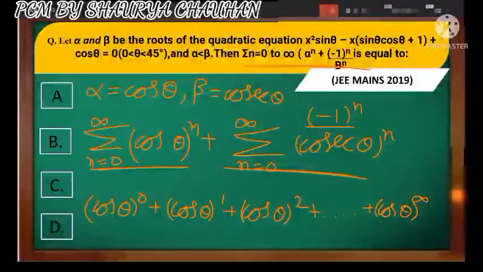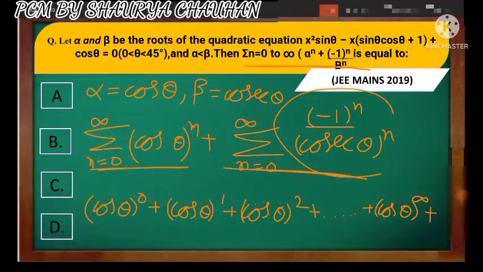Now plus, we can write this as minus 1 upon cosec theta power n, so it will become minus sin theta power n.